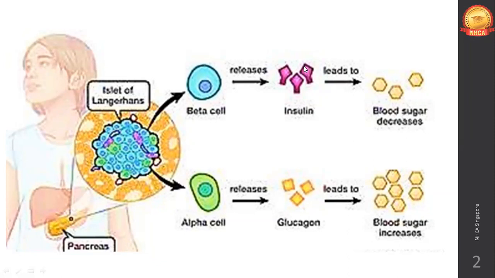But if you are in the range of 5.7 to 6.4, it is pre-diabetes. So in the stage of pre-diabetes, you can reverse your body back to normal health by doing lifestyle changes, lifestyle modification.